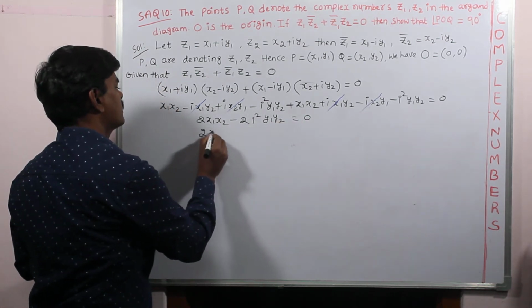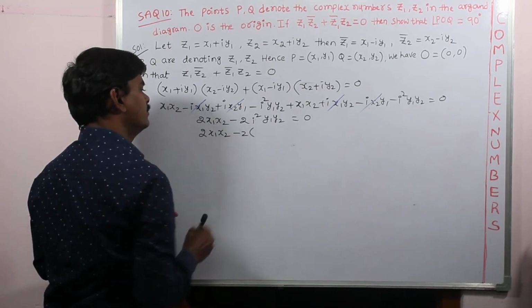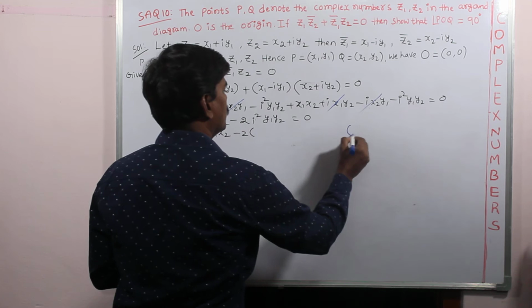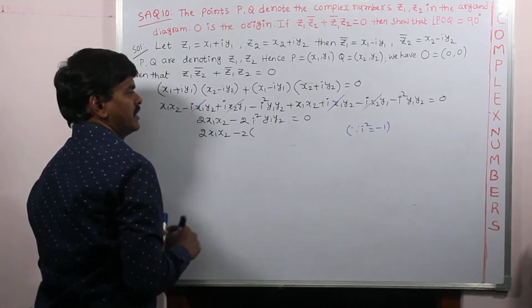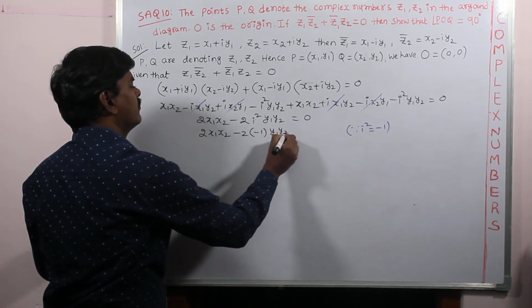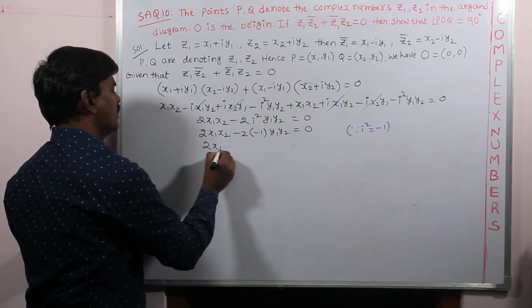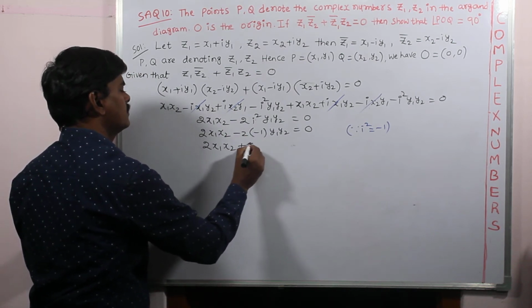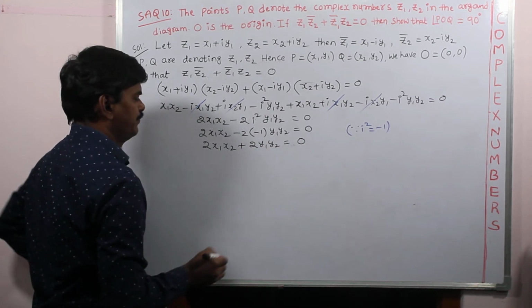So 2 x1 x2 the same, minus 2 the same, iota square. As you know, the value of iota square, I told you to remember, is very useful. So iota square value is minus 1, into y1 y2, that equals 0. Now 2 x1 x2, minus into minus, plus 2 y1 y2, that equals 0.